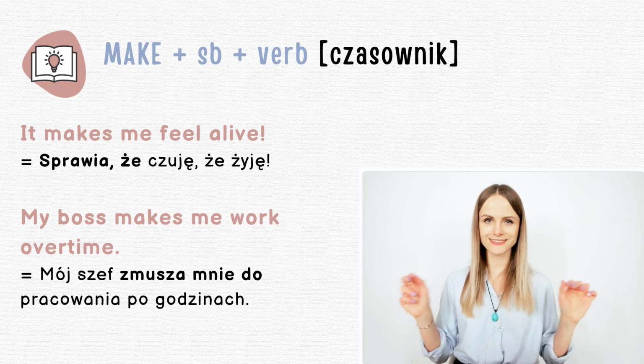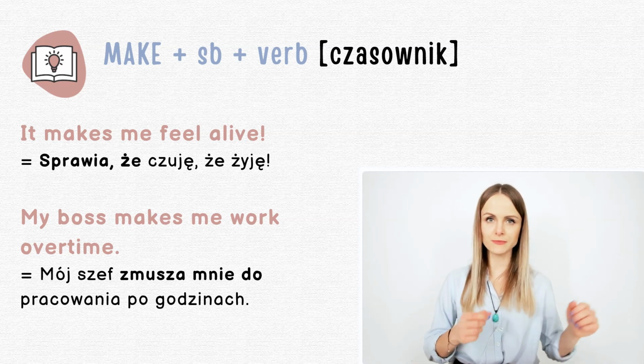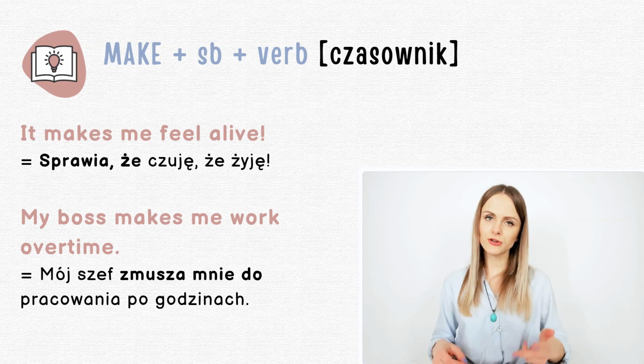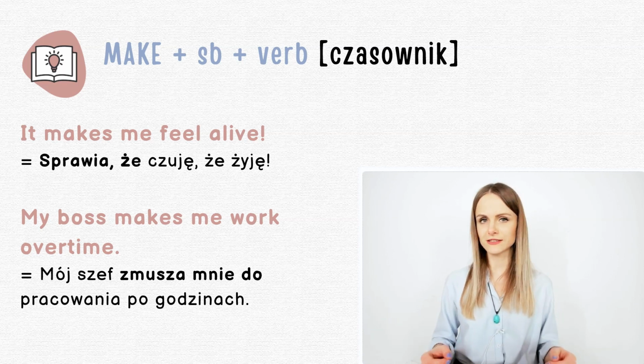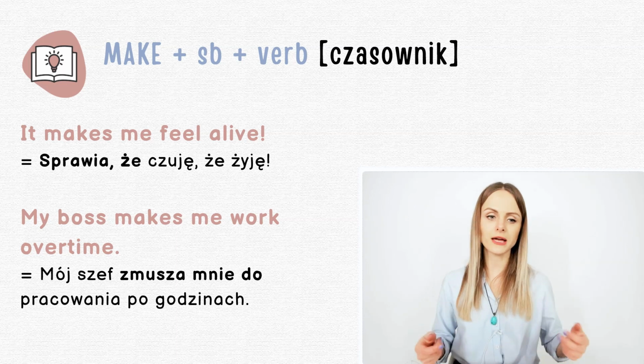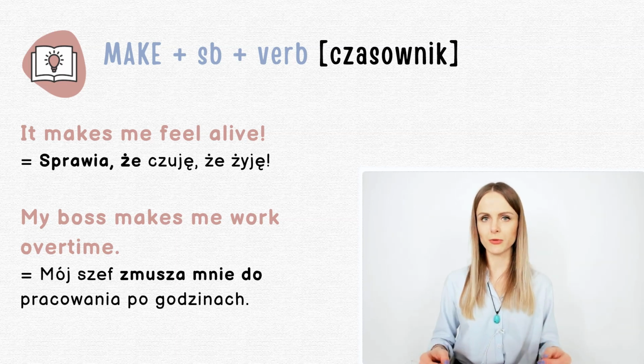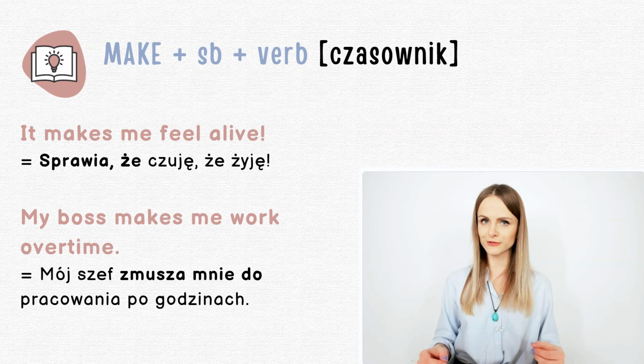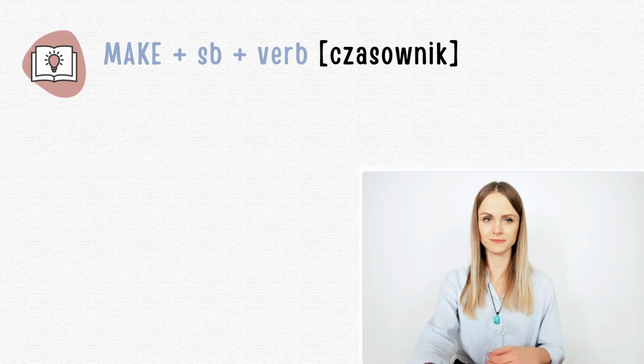So I hope you get the difference between make somebody do something and force somebody to do something. So you could even translate the sentence like mój szef nakłania mnie, zmusza mnie do pracowania po godzinach. Okay? Of course, stop the video if you want to process these two examples, but I've got a few more to go. Let's have a look at them.